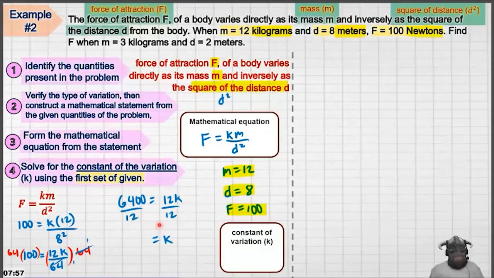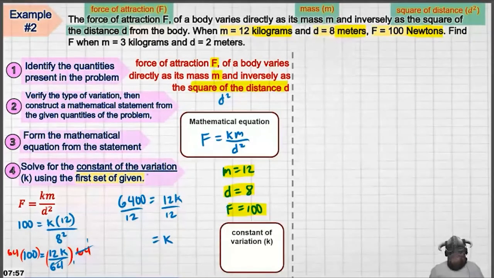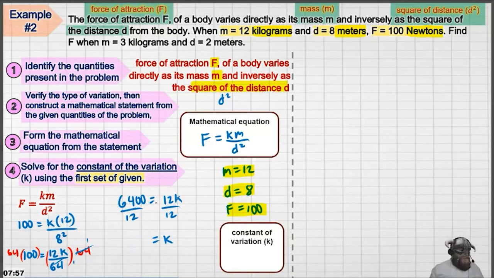So, ang pwede natin gawin dito is we can have the lowest term by dividing both of them with the greatest common factor. So, the greatest common factor for 6,400 and 12 will be, ano sa tingin nyo? Type nyo nga, anong greatest common factor ni 6,400 tsaka ni 12? Sige, ano sa tingin nyo? Type nyo sa chat box.